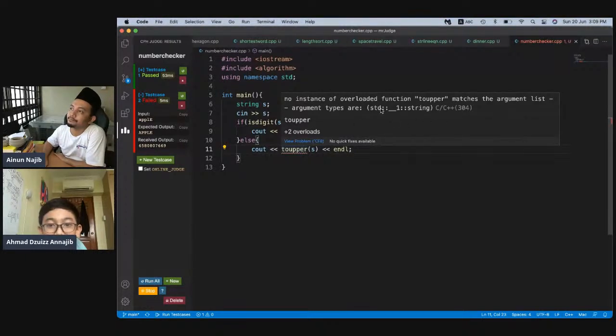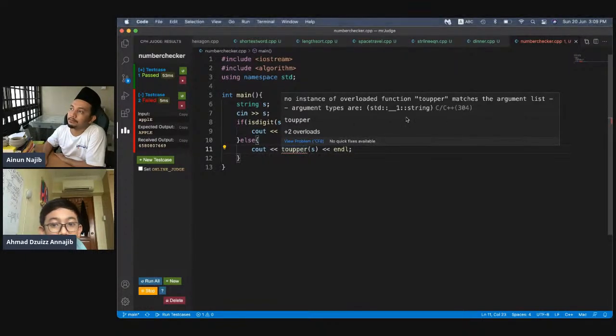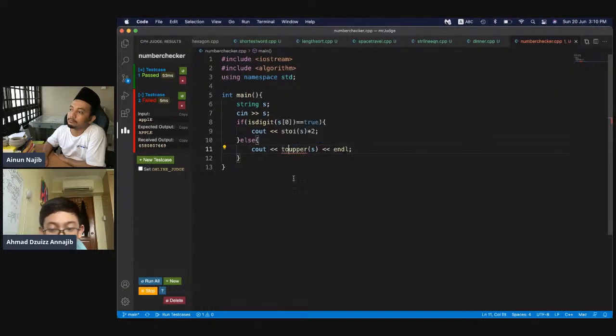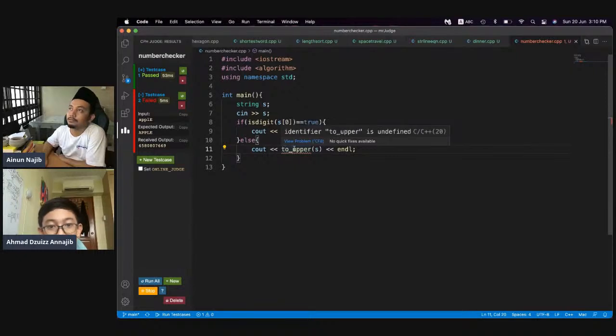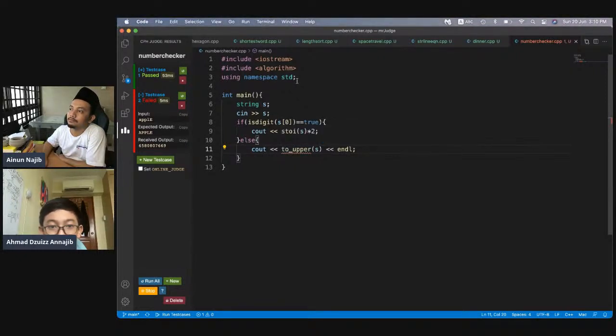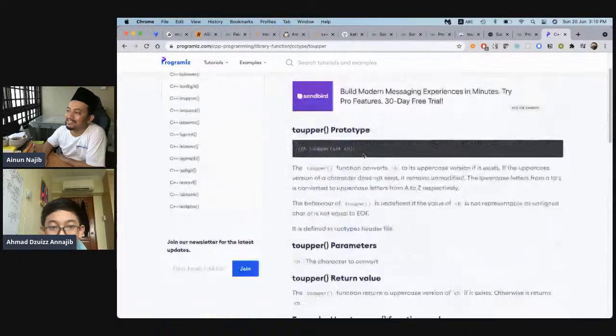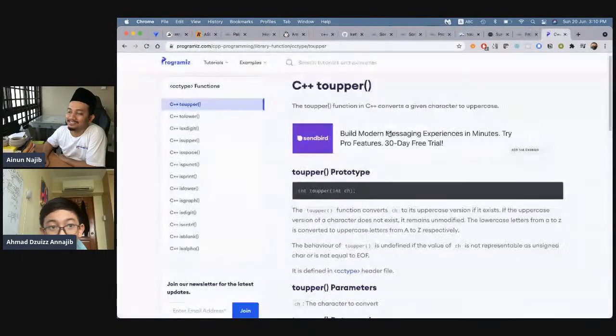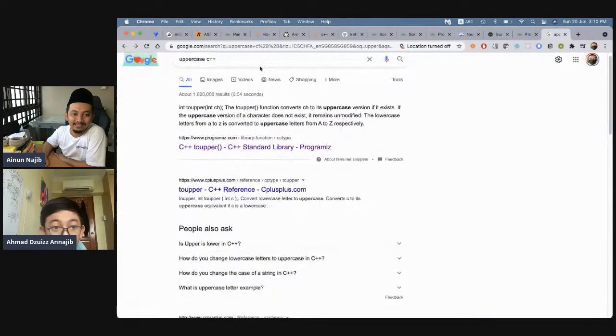A string. Toupper. Oh. Toupper. Doesn't work? Do you really need to do one by one? Oh wow.